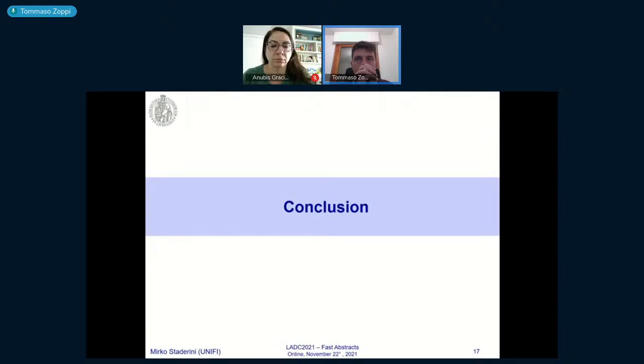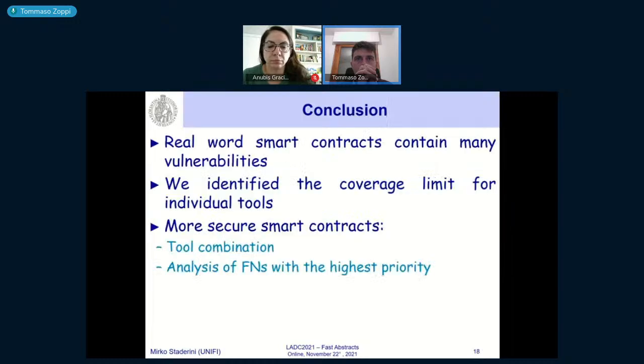This quickly brings me to the end of my presentation. We can conclude that real-world smart contracts contain a lot of vulnerabilities. In order to analyze them, we extracted a subset, investigated this subset of contracts, and identified the coverage limit for each tool.